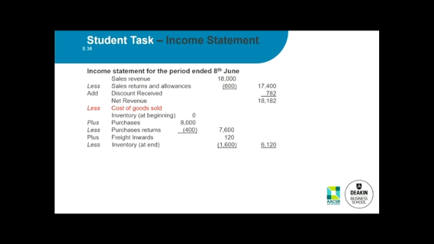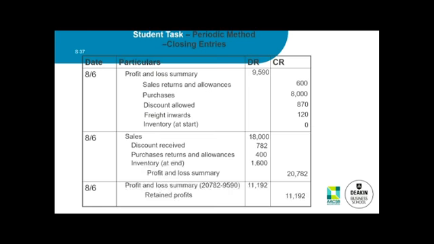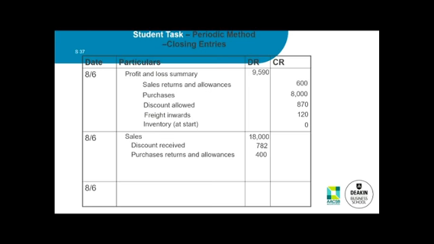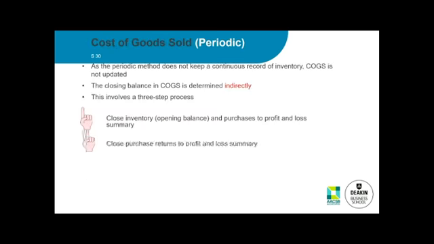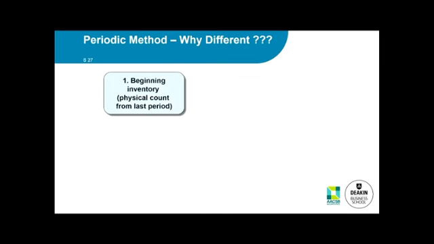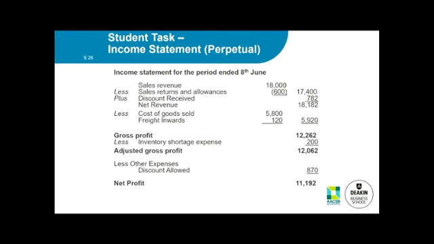But if we compare the bottom line here, 6,120, and if I go all the way back to the preparation of the income statement that we had before, right here, it's going to be 5,920. It's basically 5,800, 6,000, 120 here plus 120 here and 120 over there. So the difference, whether you include freight inwards or you do not, the difference is $200 basically, and that's the difference because of the shortage that we recorded before.